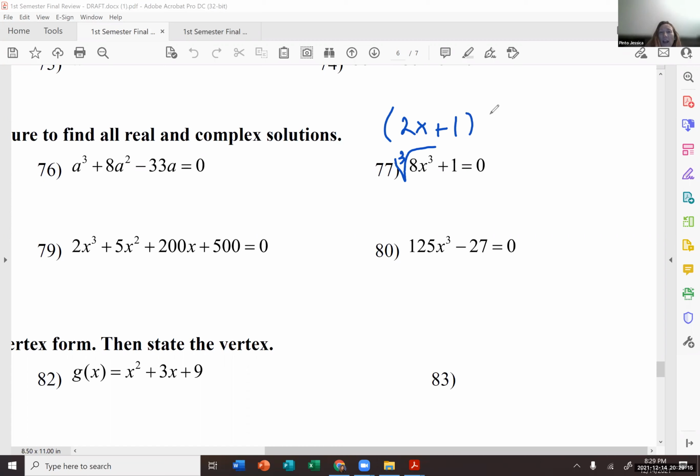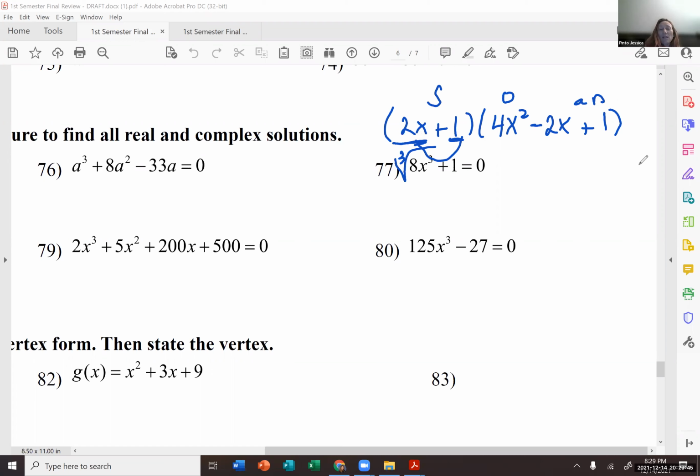So I factor that, and then I factor the other side using that factor pattern with the happy face and the acronym same, opposite, always positive. So 2x times 2x is actually 4x squared. Then the opposite sign would be minus. And then I do 2x times 1, which is just 2x. And then finally I do 1 times 1, which is always positive, and that's 1.